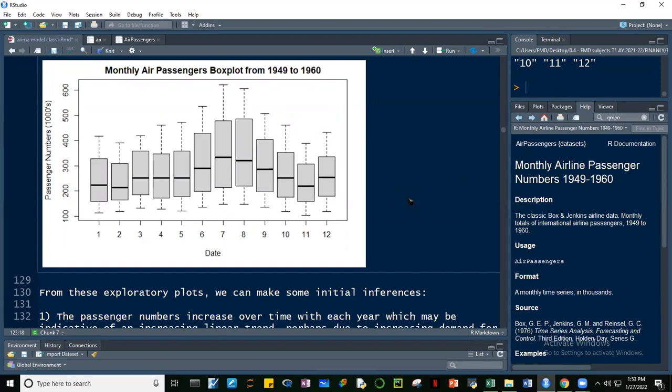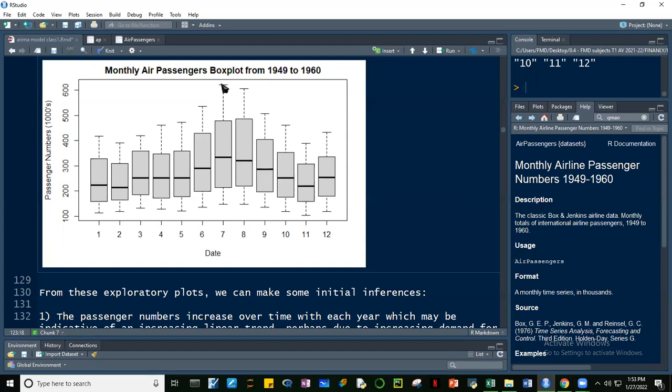We took all the Januaries, all the Februaries, and computed the median. If you recall, in the box plot this is the first quartile, the second quartile, the third quartile, this is the maximum value, this is the minimum value. If you look at this, the medians of June, July, and August are the highest, up to September. July has the highest median and also the highest maximum value.